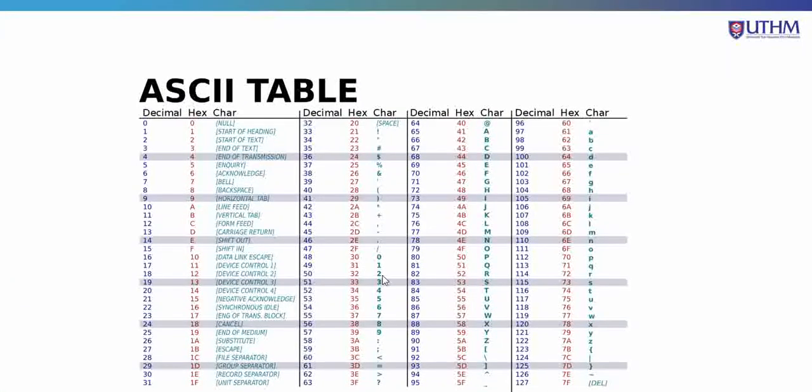Then look at the decimal value for character number 2. Character 2 here, bukan nombor 2, bukan dekat decimal nombor 2, ni character number 2. So character number 2, the decimal number is 50.